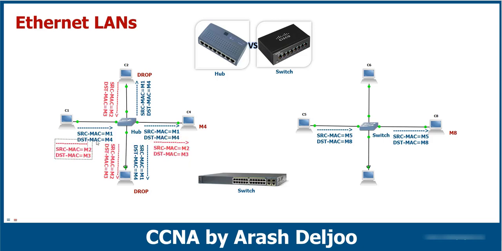This means that the data should collide, these packets should collide with each other, and after that we should drop the data. You know that when we are using hubs, we can send only one traffic at a time. First we need to send this traffic from C1 to other PCs.